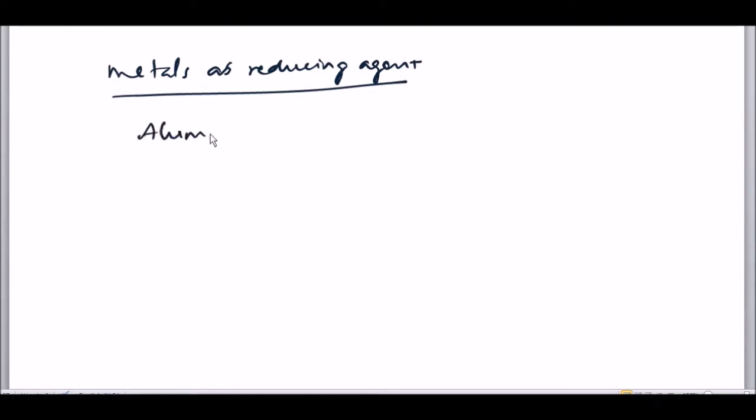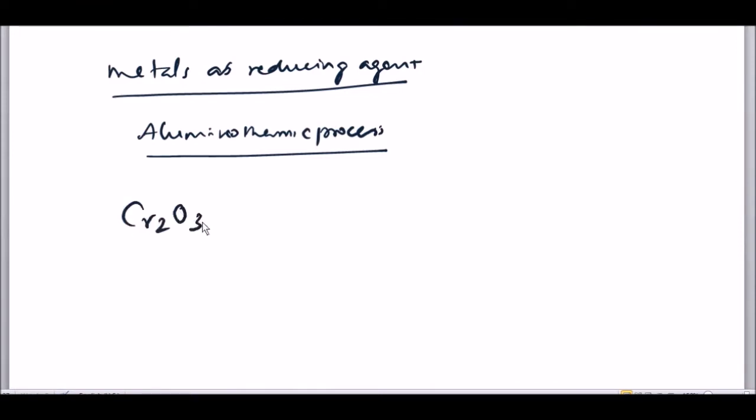You must know there is a procedure called the aluminothermic process, in which a metal oxide like Cr2O3 is treated with aluminium.